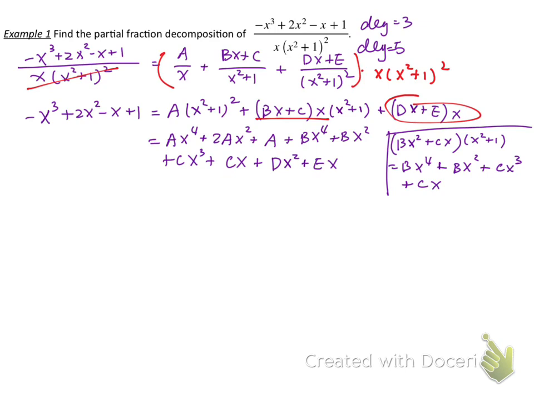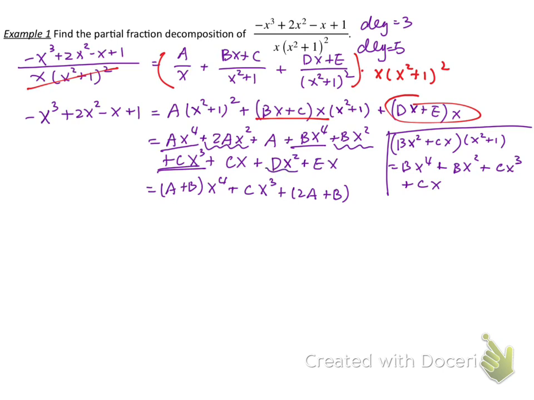Now I combine like terms. I have x to the 4th for 2 terms, (a plus b) x to the 4th. X cubed, I only have 1, so plus cx to the 3rd. Then x squared, I'm having x squared and x squared, so I'm having (2a plus b) x squared.